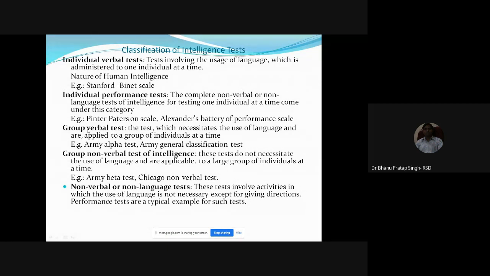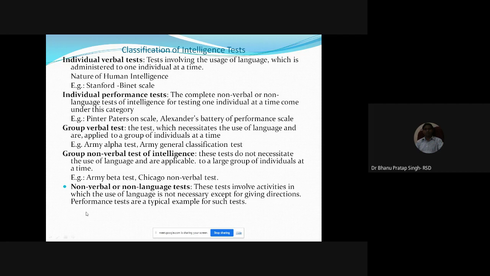If you talk about group verbal tests, the Army Alpha test is there, and the Army General Classification test is there to measure the intelligence of individuals as well as groups. There are many tests available. If we say the group non-verbal tests of intelligence, here the Army Beta test is there, and the Chicago non-verbal test is there.